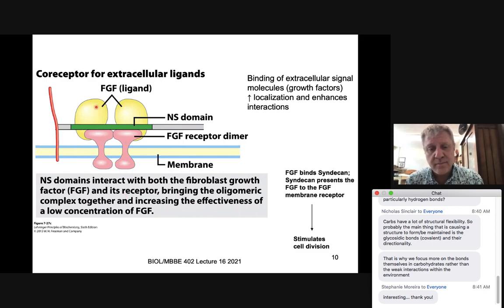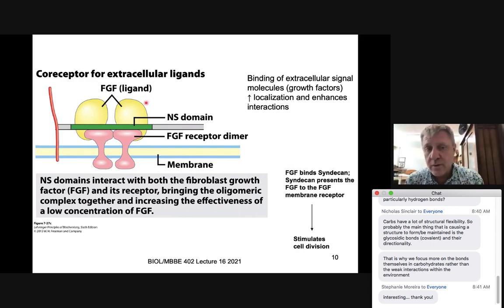and basically increasing the capacity to find these very weak or low concentration ligands, but they're still highly effective. They still have a very high Ka and a very low Kd, but again, just their relative abundance in the extracellular domain is very, very low.